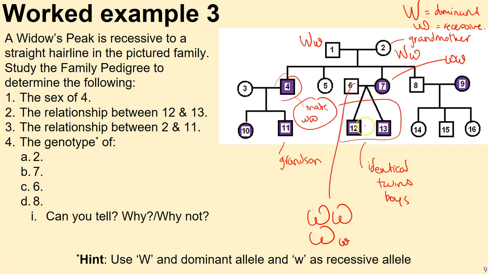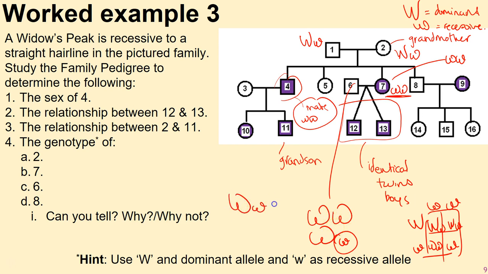Yeah, but because both children are affected, they must be heterozygous, so that they can combine with the little w of number 7. So when we have this little w with big W, little w, we can end up with the affected trait, where otherwise we would just not, if we had the big W, all of them would be heterozygous, big and little.